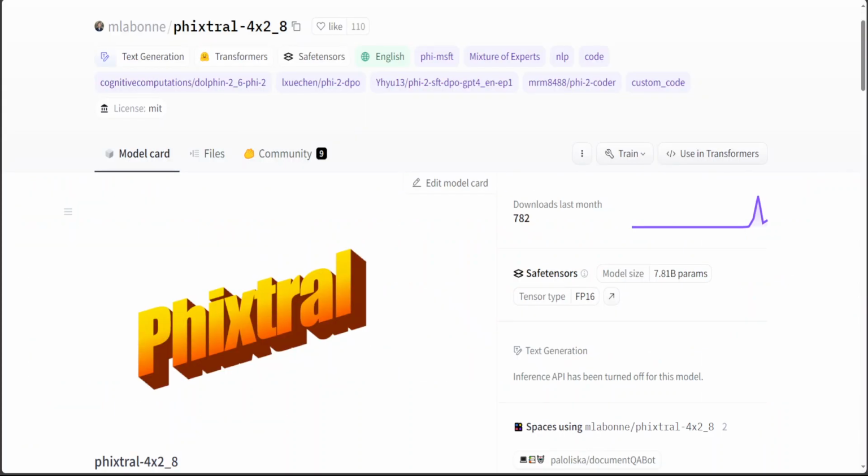The first model I want to give a shout out to is Phixtral by Maxime Lebon. This model is a real darling, I would say. Phixtral 4x2_8 is the first mixture of experts model made with 4 Microsoft Phi-2 models.